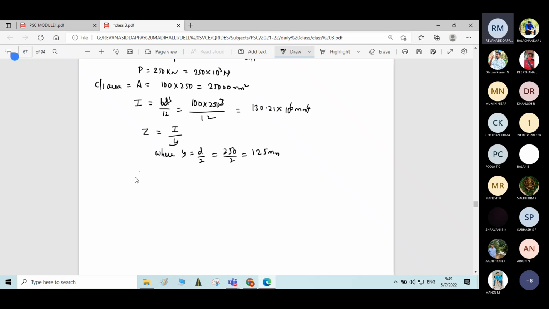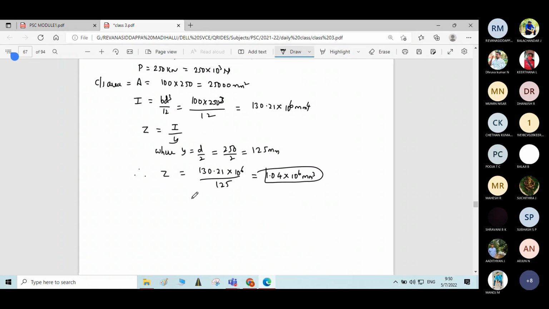Therefore, Z is equal to 130.21 into 10 power 6 divided by 125. You'll get the answer as 1.04 into 10 power 6 mm cube. For a rectangular section, you can use the direct formula BD square by 6. If you use it directly, you will get the same answer.